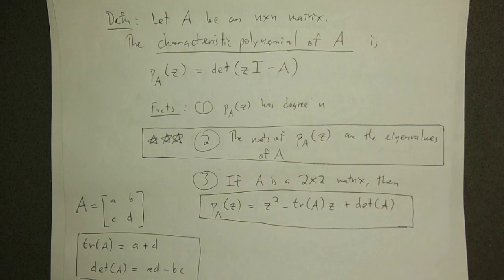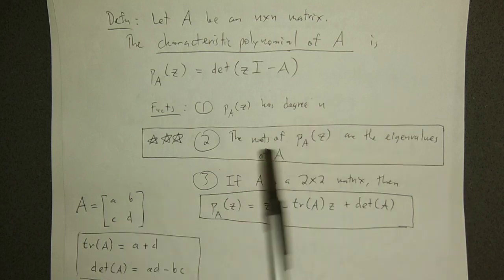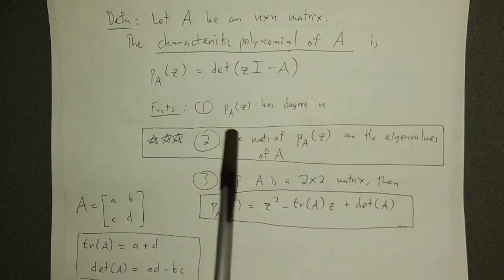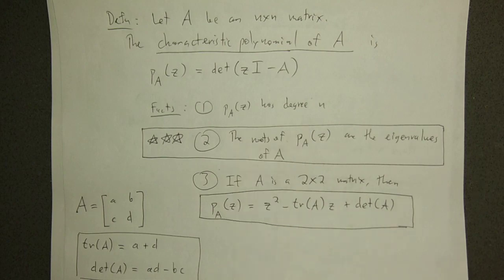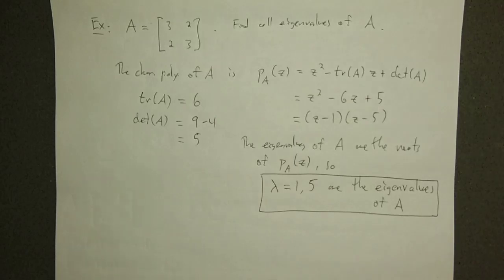Well, by the fundamental theorem of algebra, I know that I have n roots. And if I am counting with multiplicity, and I've already said that I don't care whether the eigenvalues are complex or real, so I'm including complex numbers as roots of this polynomial, then by the fundamental theorem of algebra, I know that any matrix has n eigenvalues counting with multiplicity.